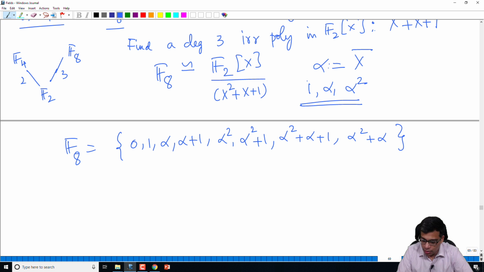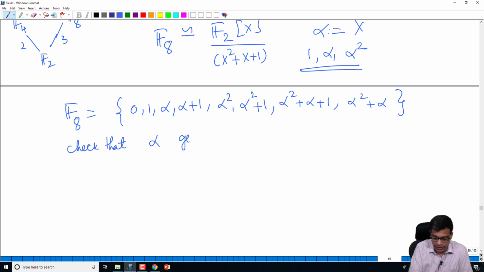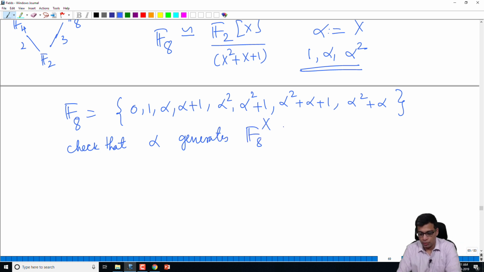Remember, these are given by putting one of the 2 possible coefficients in front of 1, similarly, one of the 2 possible coefficients in front of alpha, one of the 2 possible coefficients in front of alpha squared. One can check here that alpha generates F8 cross. Because, you can check here, alpha squared is there already, alpha cubed is alpha plus 1.